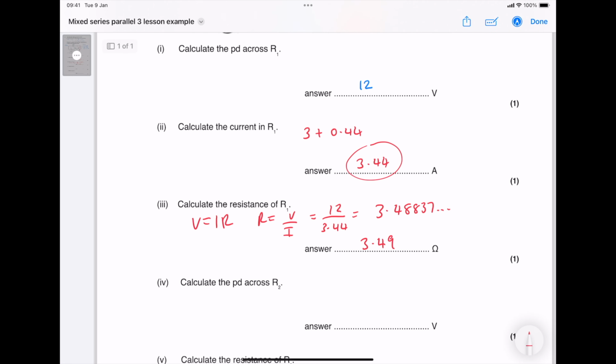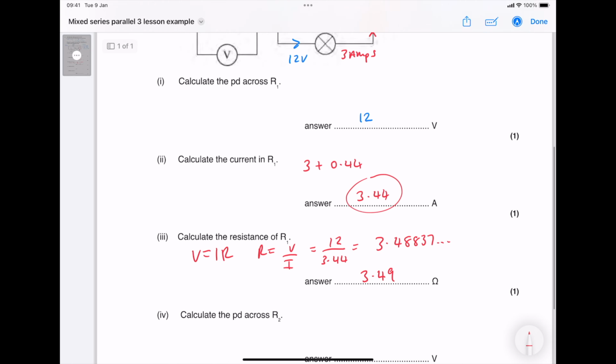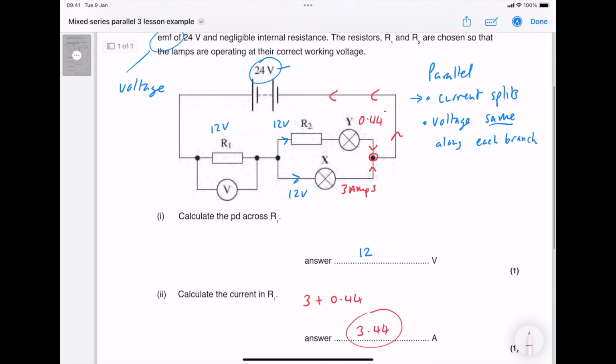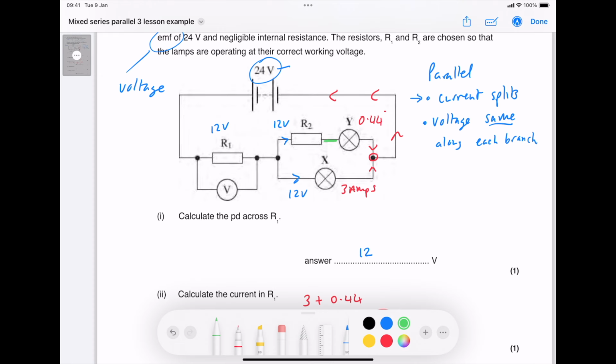Right, now that we have the resistance calculated for R1, we're going to look at R2 instead. Now we need to calculate the potential difference across R2. If you look where R2 is, if I just show this in green, we have this piece of wire there, and that's one of the branches of the parallel circuit.